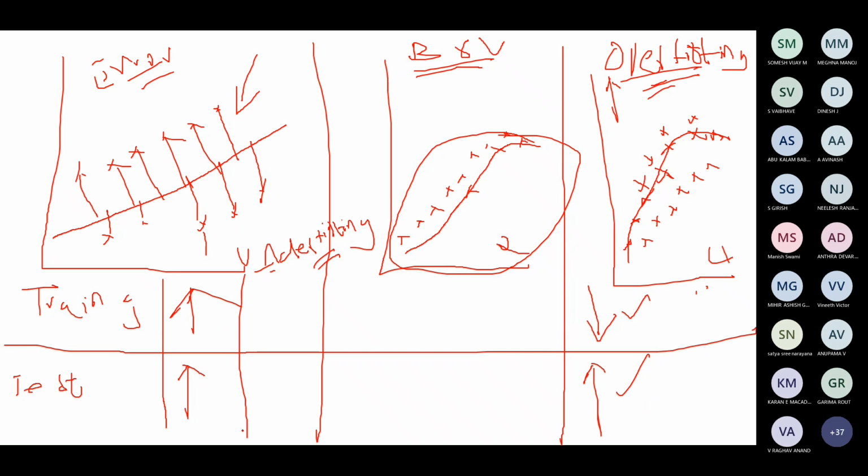Now you tell me, for underfitting, it is high bias and high variance. Yes or no, students? And for overfitting, it is low bias, because for training the error is low, but for testing the error is high.